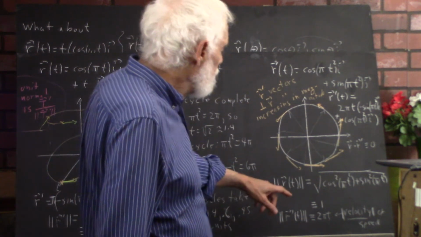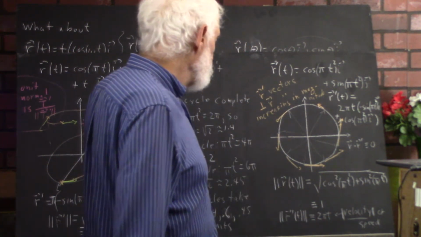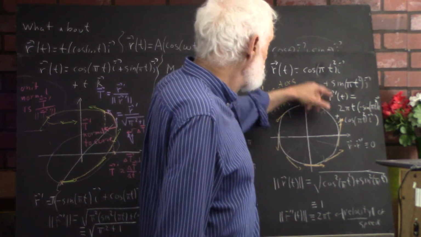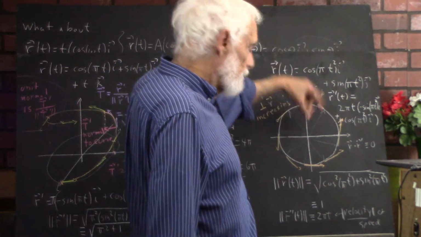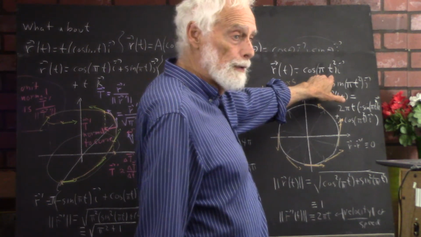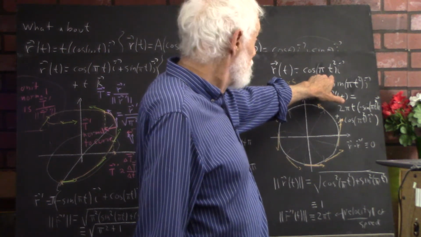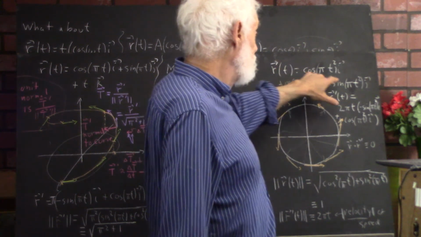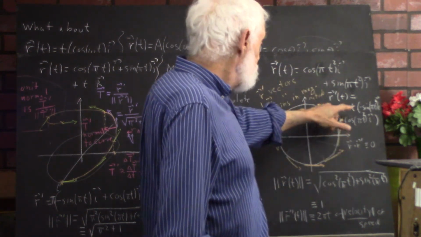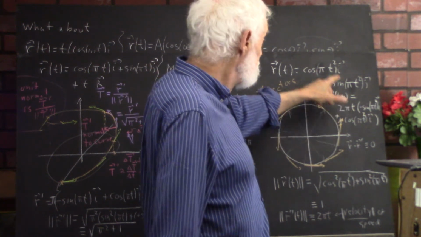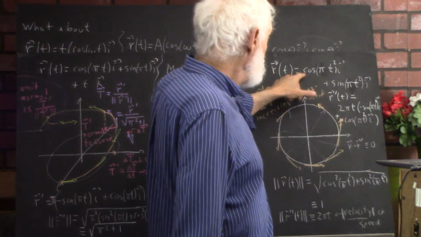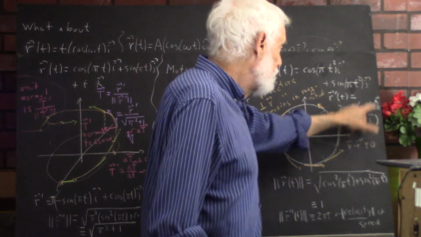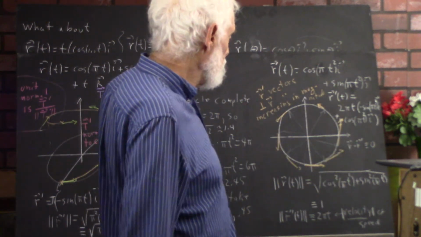The magnitude of r prime of t being here, we just take the derivative. The inner function is pi t squared, has derivative 2 pi t. And then we have the derivative of the cosine and the sine. We get a 2 pi t factor from the chain rule for each of these, and we get a negative sign from the cosine and a cosine from the sine, and right there is your derivative. Might be a little hard to read, I'll read it to you.